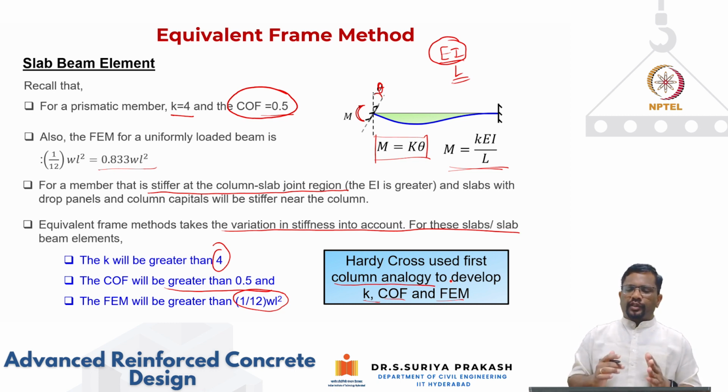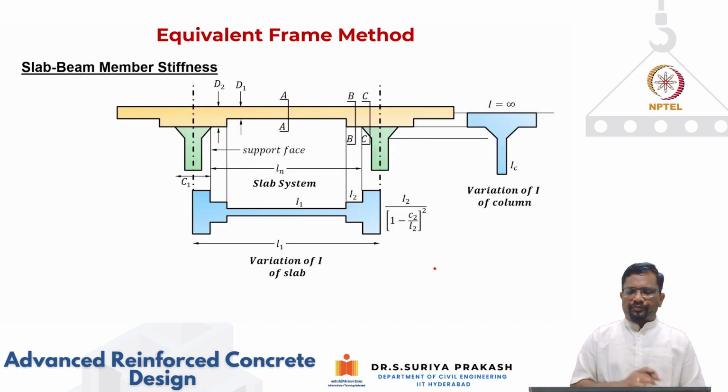So using these tables, depending upon the length of your drop panel and the length of your column capital, the tables have already been derived and these values can be taken from those tables. Okay, so K, carryover factor and fixed end moment for different boundary conditions. That's what we are also going to use in this part of the module.